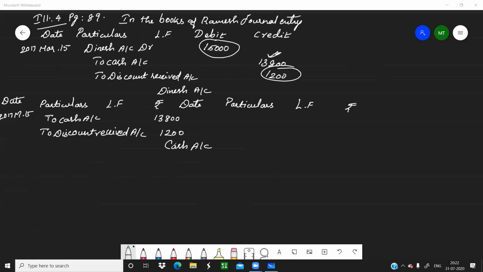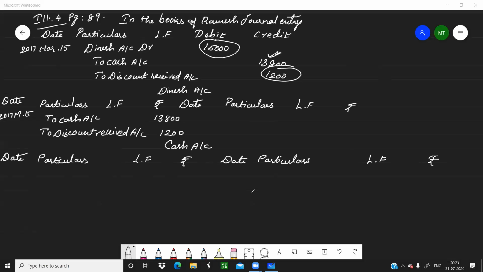Cash account. So the cash account has a debit balance. So cash account to the debit side, Dinesh account. Okay, so date, then particulars, then LF, then amount, then date, particulars, then LF, then amount.